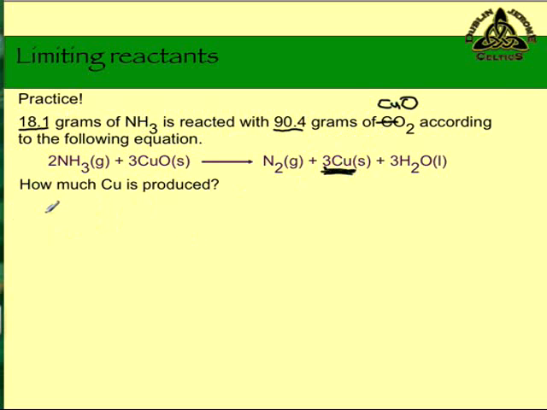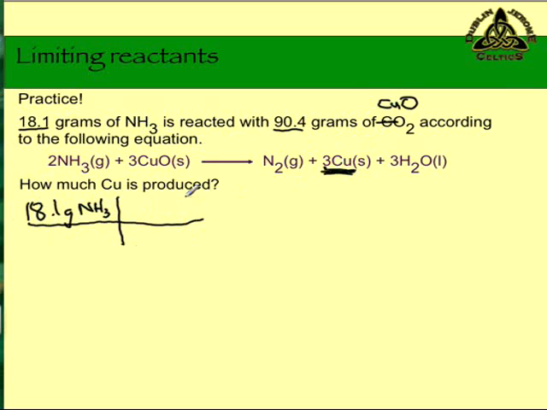We're going to have dimensional analysis setups here. First, we start with 18.1 grams of NH3, and we set up our little boxes.